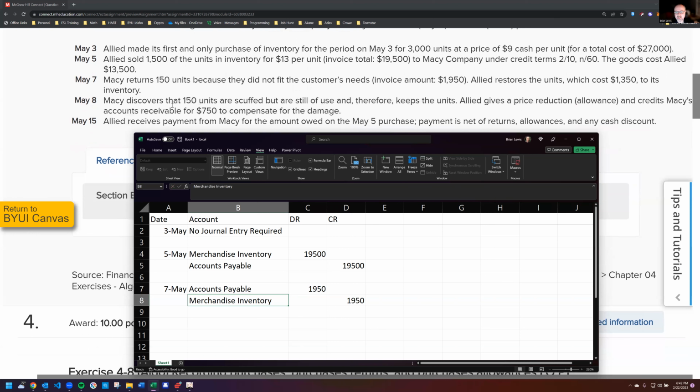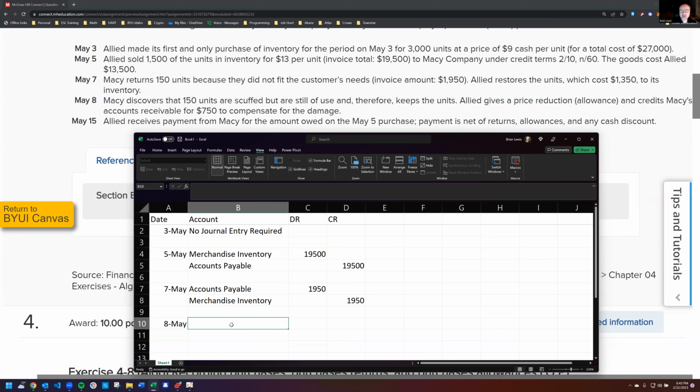Now, on May 8th, 5/8, Macy discovers that 150 units are scuffed, but are still of use, and therefore they keep the units. Okay, but Allied gives a price reduction or allowance and credits Macy's accounts receivable for $750, which effectively means Macy gets a $750 payable reduction to compensate for the damage.